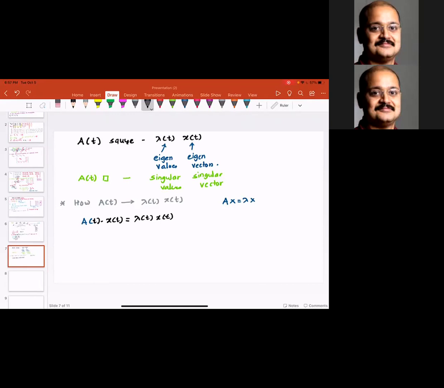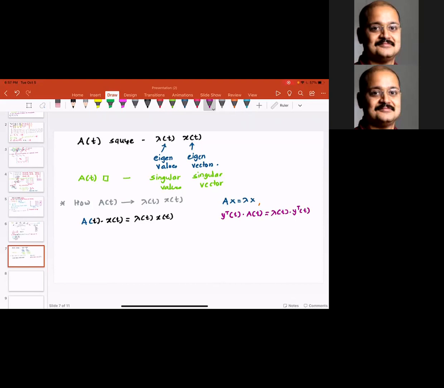But in addition to this, there is one more equation that is super duper important. Whether you know this or not, please understand, if you have the transpose, there is this equation that I want you to remember. So y of t transpose multiplied by A of t is equal to lambda of t multiplied by y of t transpose.